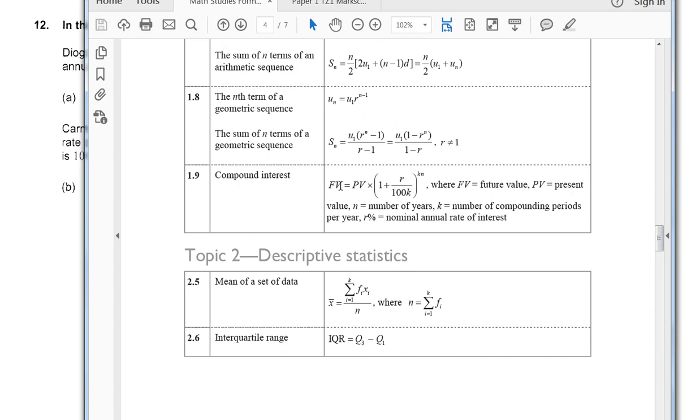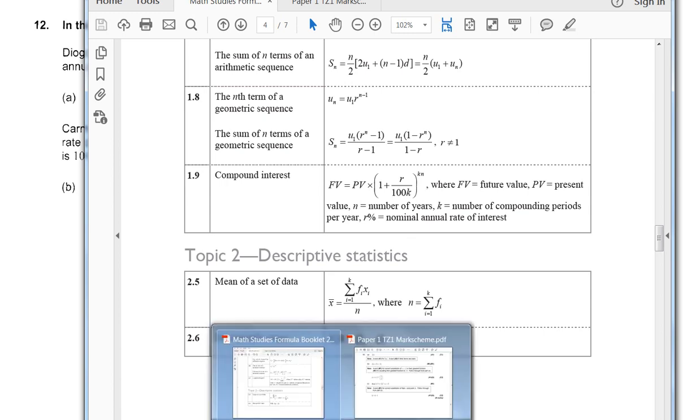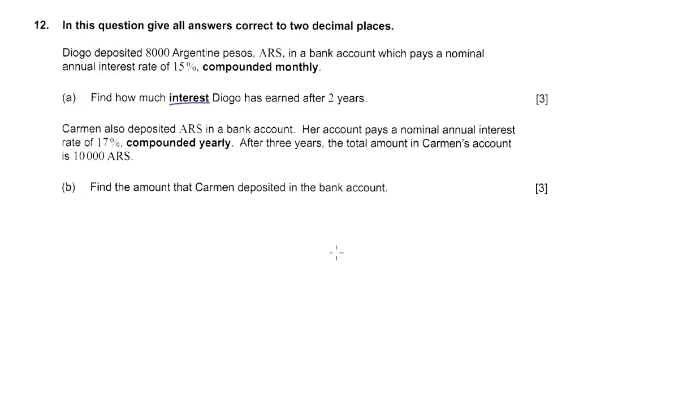Unless you have the compound interest formula that we were using in class a bunch, which was A equals P times (1 plus R over N) to the NT.